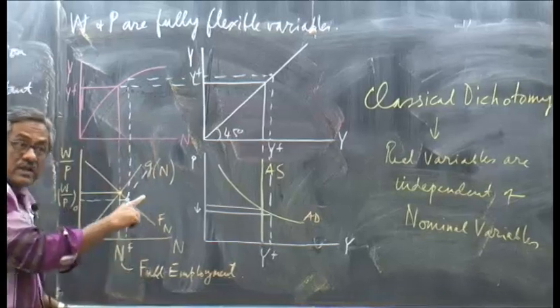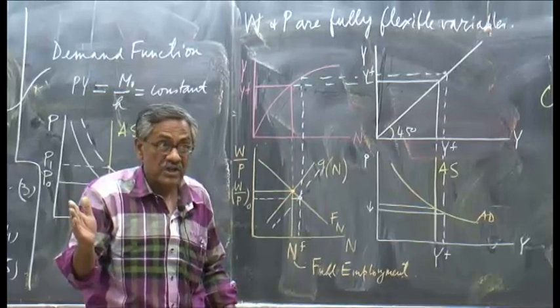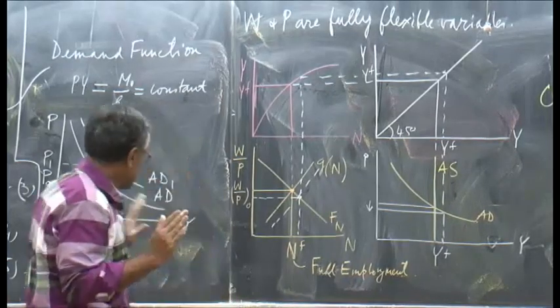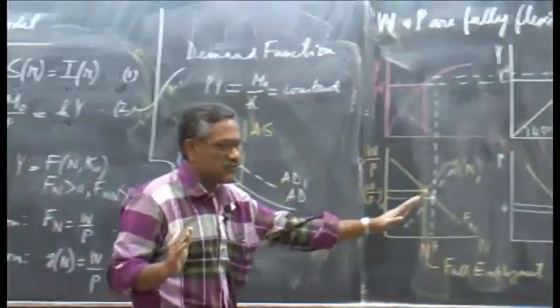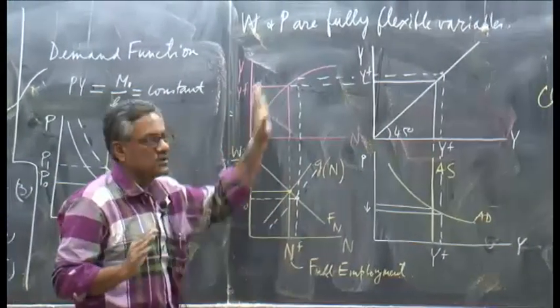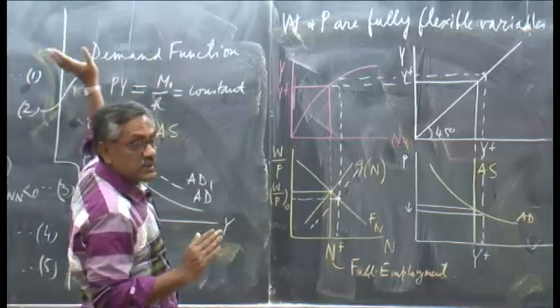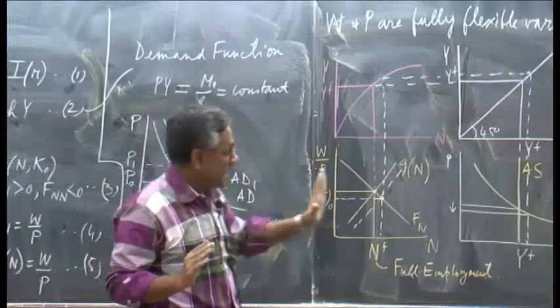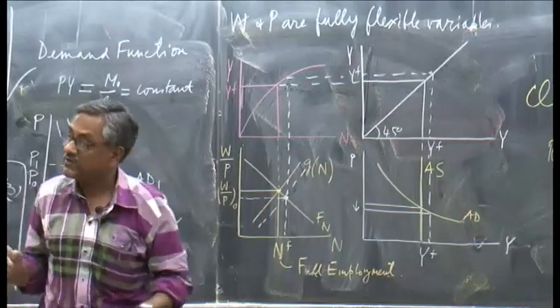So the nominal variables like prices are not independent of real variables. If there is any real change that takes place, either the labor supply function or labor demand function or production function shifts, not the interest rate, not the savings investment line in the labor market, and the aggregate supply function shifts, a nominal variable like price will get affected.